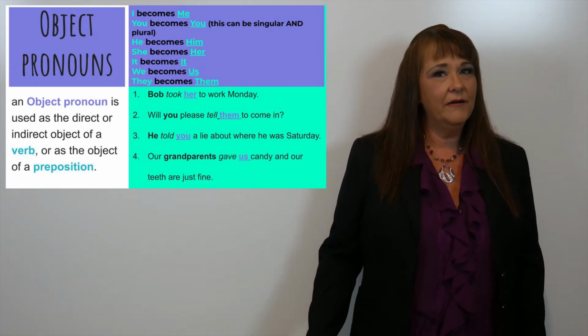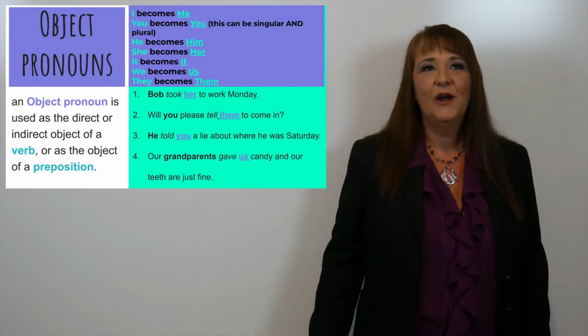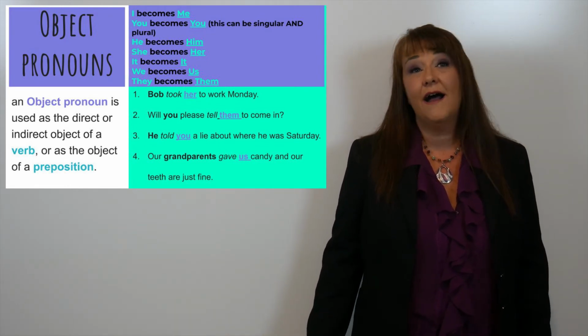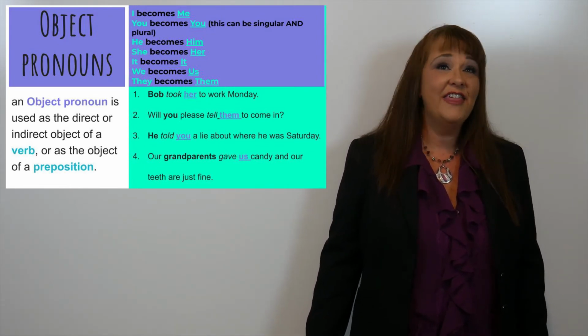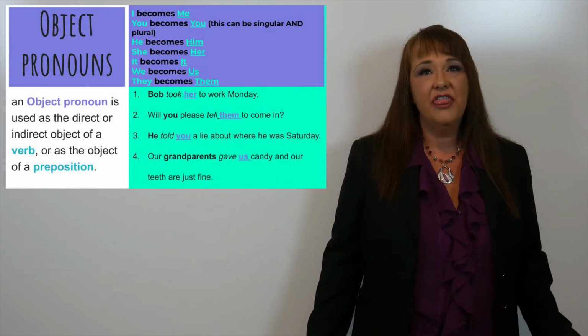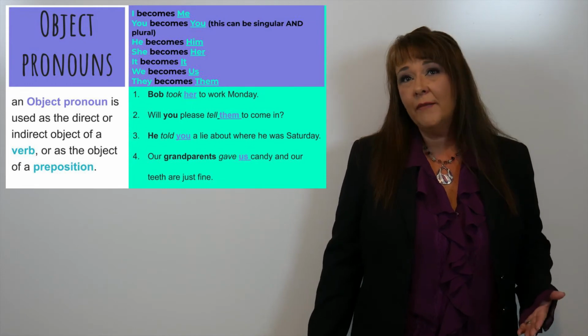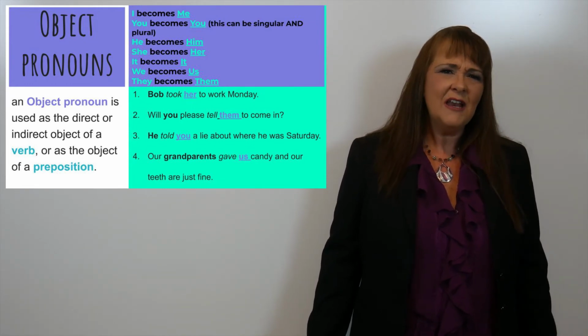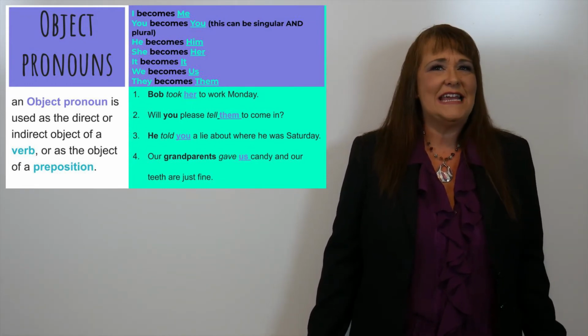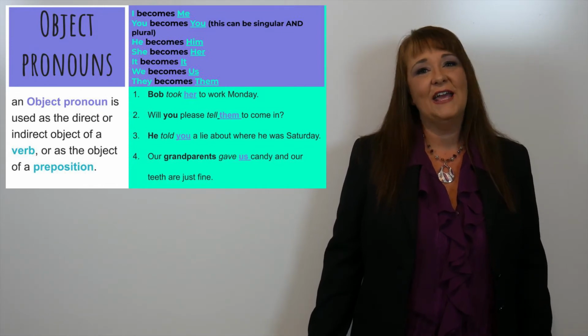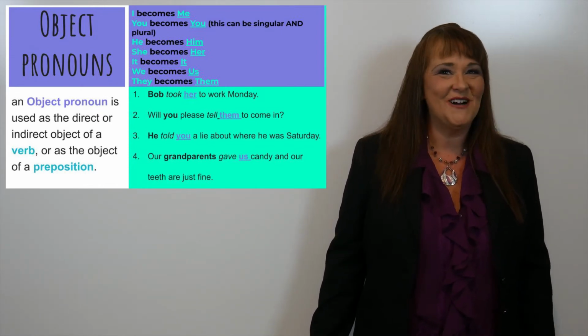It becomes it. We becomes us. And they becomes them. If you know how to find the object of the sentence, then you'll find it pretty easy to identify an object pronoun when you see one.